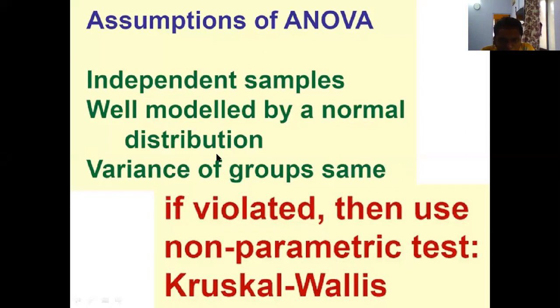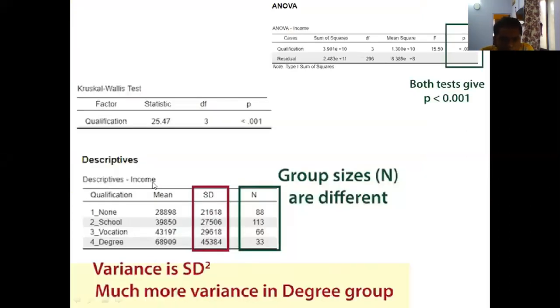The assumption that the variance of groups is the same is a very important thing, because just have a look at this one. Variance is standard deviation squared. You can see that here there are 4 groups, and in this particular case, these variations for non-school and vocational are more or less close to each other.